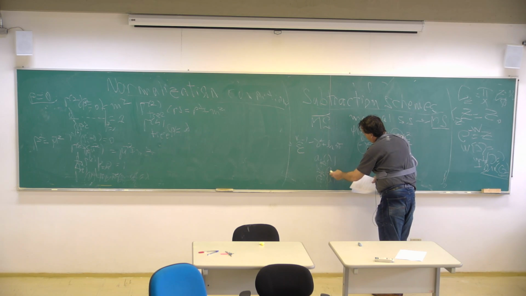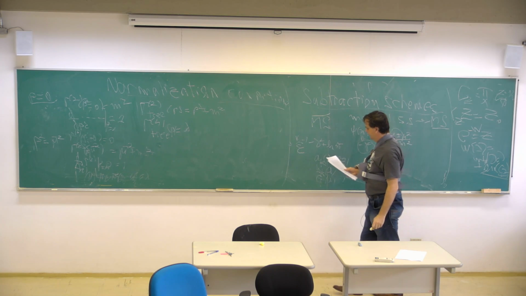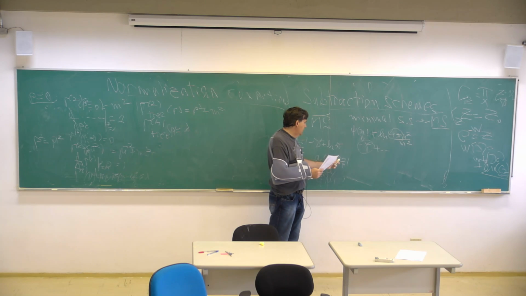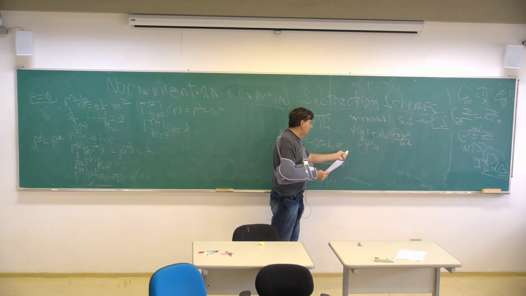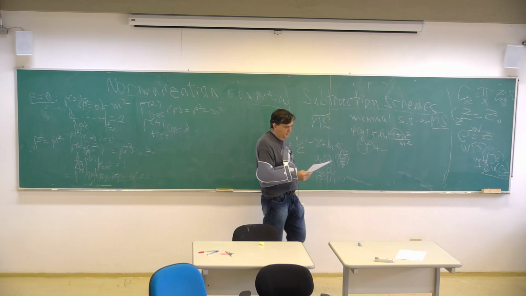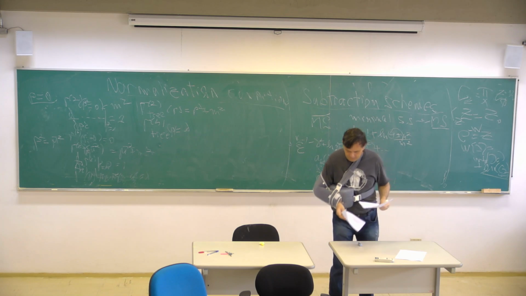Now, I wrote it like this, but in principle it should have been also in terms of m over mu. So that's a dimensionless parameter, lambda, but there's another dimensionless parameter now, m over mu, m being the mass, and mu being this arbitrary scale mu. It's just that in the minimal subtraction scheme, it just happened to be that it doesn't depend on m over mu.